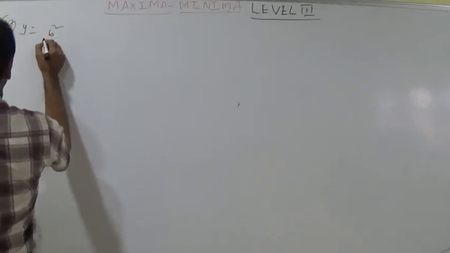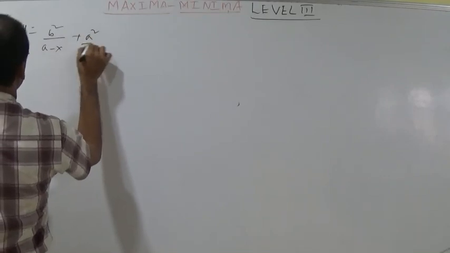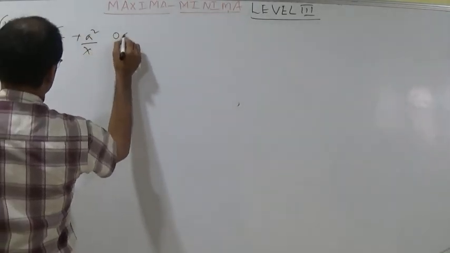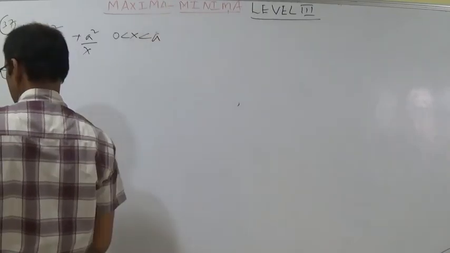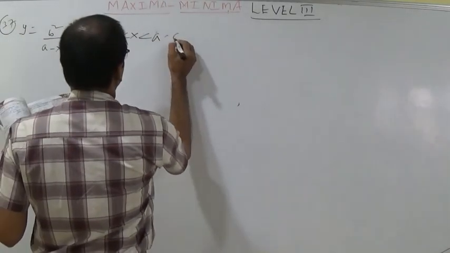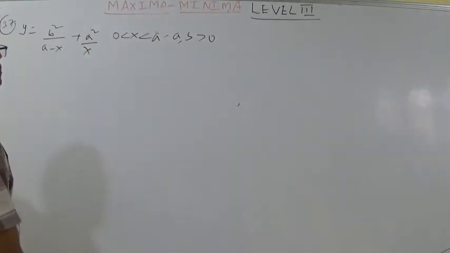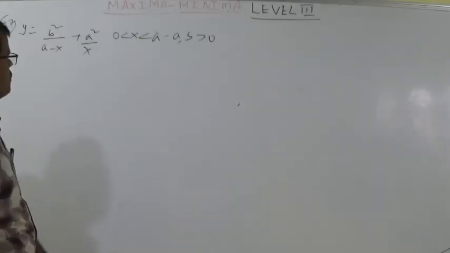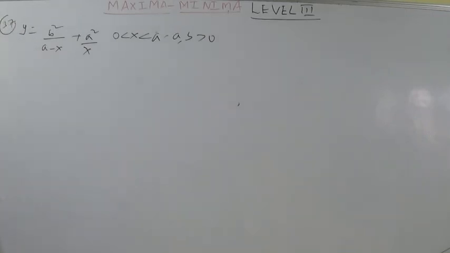Y is equal to b square by a minus x plus a square by x, 0 less than x less than a, b greater than 0 is given. So a is positive and b is positive, the value x lies between 0 and a. Then he is asking the minimum value of y.